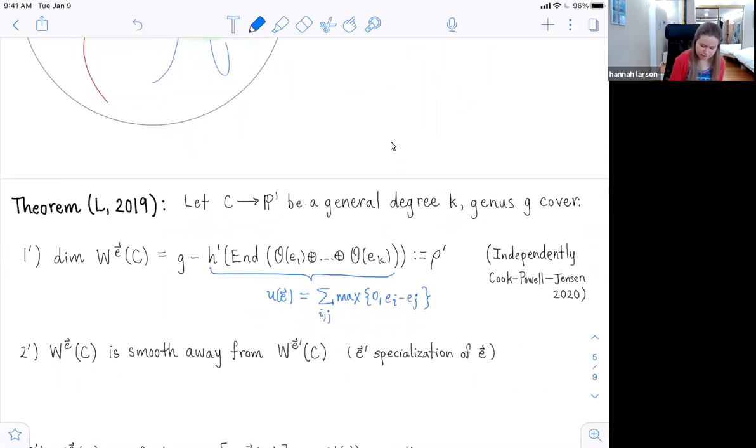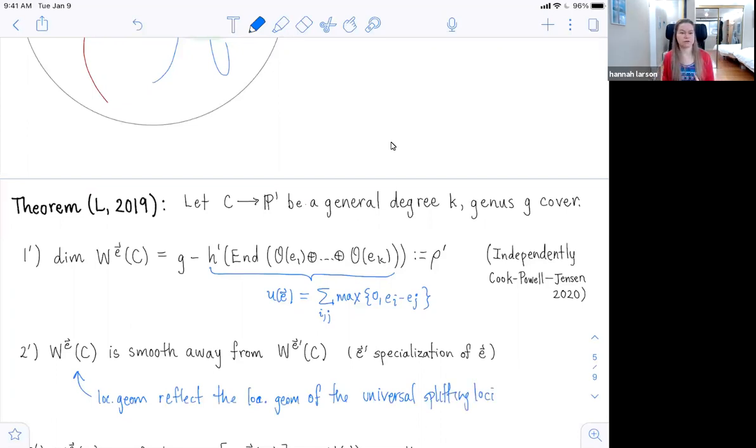And the fact that all of the open splitting loci are smooth of the expected dimension tells us that the local geometry of these W^e reflects the local geometry of the universal splitting loci, say on a versal deformation space for vector bundles on P1.